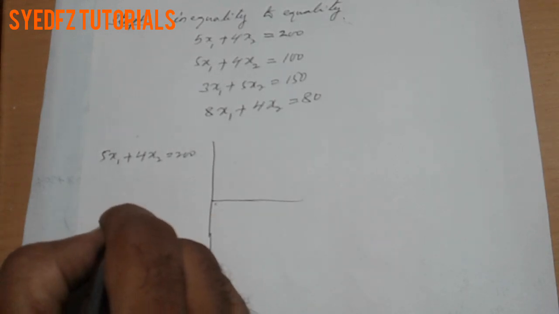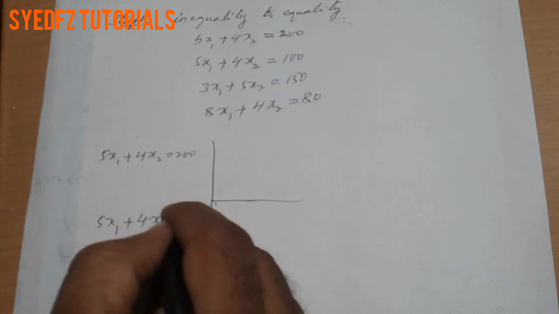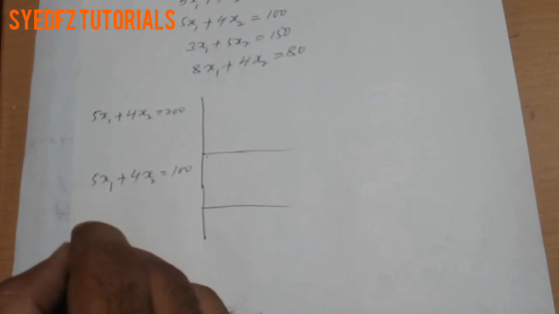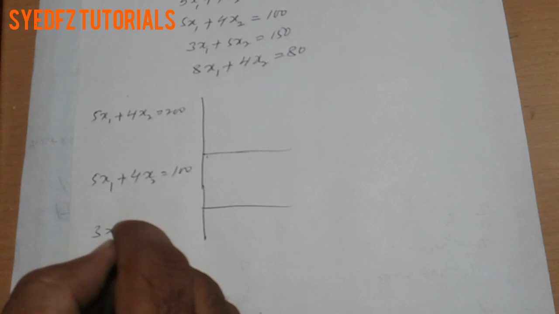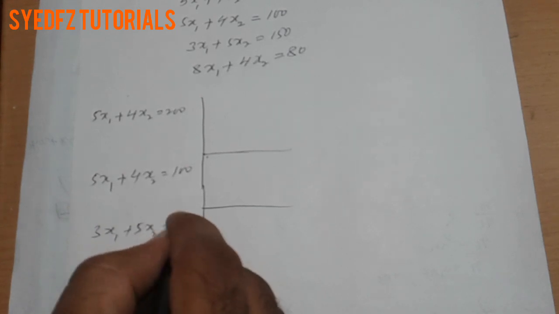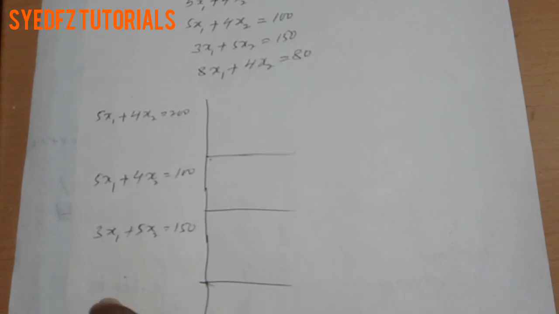Again 5x1 plus 4x2 is equal to 100. Then 3x1 plus 5x2 is equal to 150. Then the last, 8x1 plus 4x2 is equal to 80.